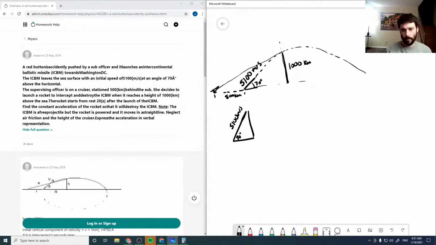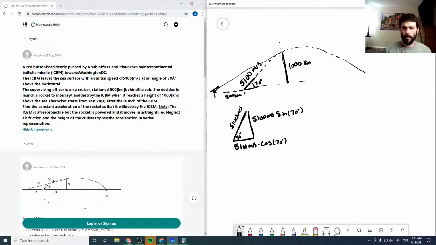Okay, and so this one here is going to be 5,100 times the cosine of 70 degrees, and this one here is going to be 5,100 meters per second times the sine of 70 degrees.